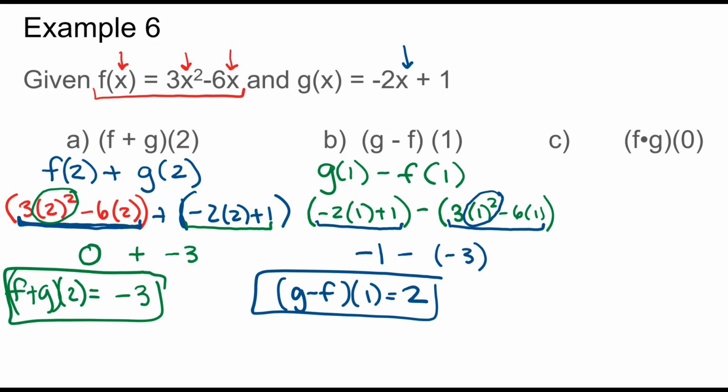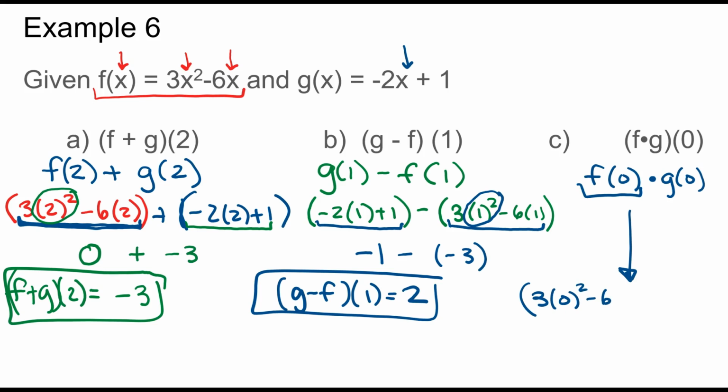And f times g of 0. So that's the same as f of 0 times g of 0. So f of 0 is, just going to maybe do my work a little bit lower, 3 times 0 squared minus 6 times 0, times -2 times 0 plus 1.